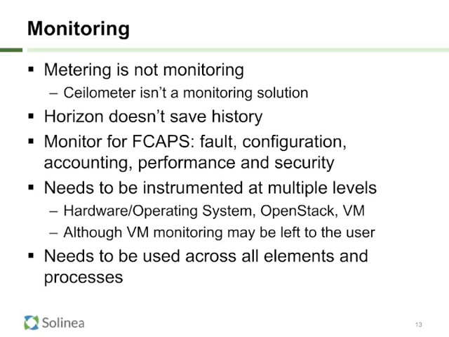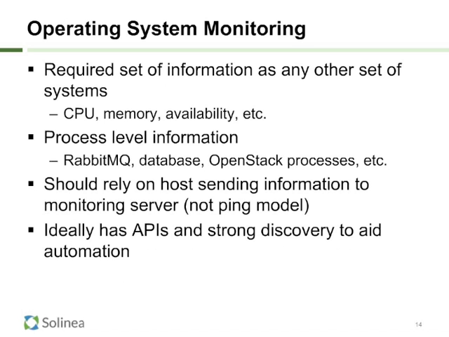And so let's look at a few of the things that we can look for here within the monitoring realm. So operating system monitoring, I think most people are probably very good at this because they've been in the enterprise for a while. We need to have the same set of information as you're going to have for any other systems out there: CPU utilization, memory utilization, what's the availability of the system, and things like that.